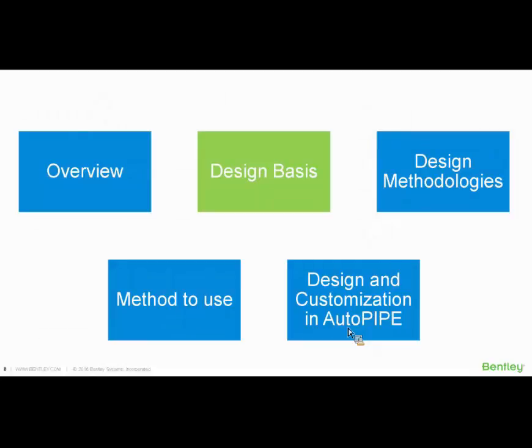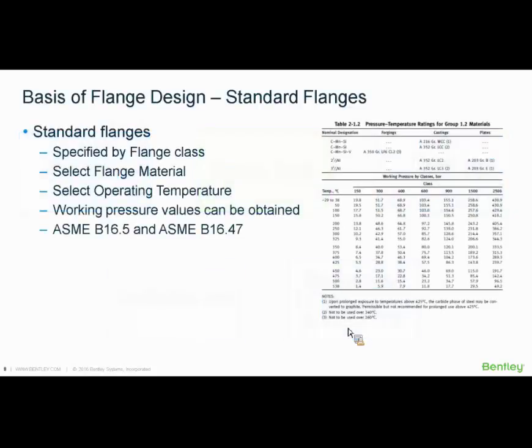So moving on to design basis, some of the available methodologies for flange design. First of all, we have the standard flanges, which can be selected by using B16.5 or B16.47, which have the pressure temperature rating tables available in them.